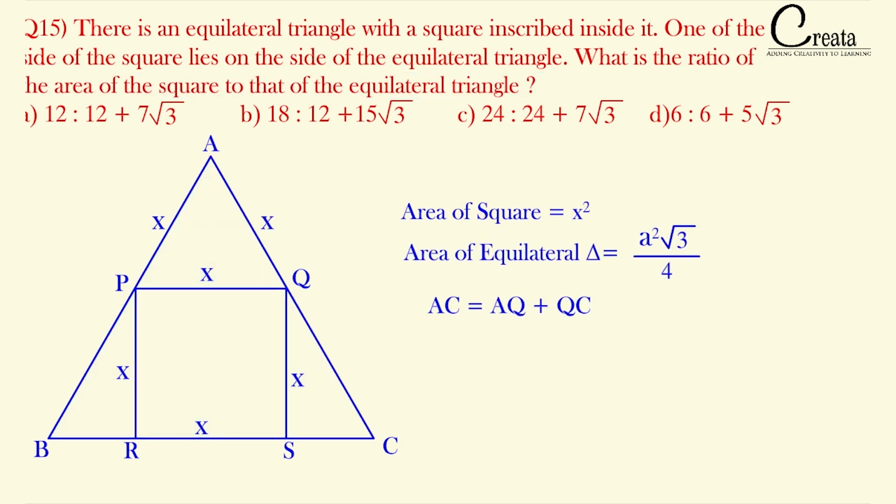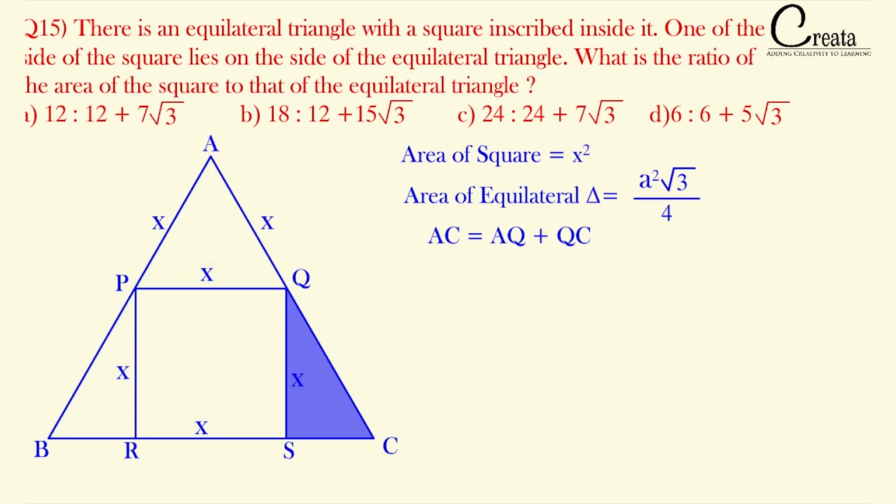So let's proceed. If we take the triangle QSC, here QS is equal to x and angle C is 60 degree. Why? Because ABC is an equilateral triangle and all the three angles of an equilateral triangle are 60 degree. Further, here angle S is 90 degree. Why? Because this is a square and a square makes an angle of 90 degree at all the four vertices.